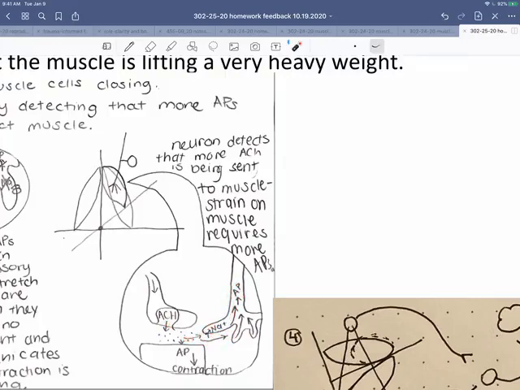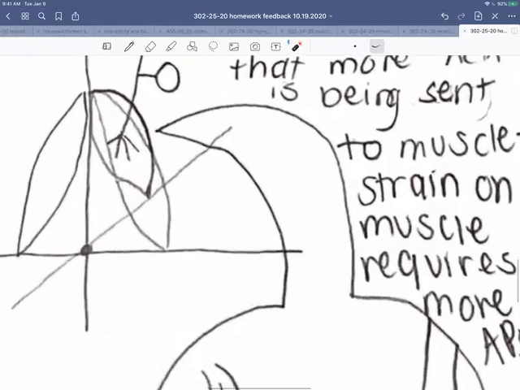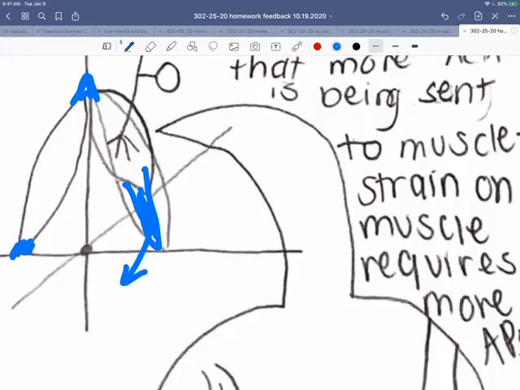The way it works is actually a little simpler. So here's a tendon here, and there'd be a tendon up here, tendon down here. In this tendon, there would be a sensory neuron going back up to the spinal cord.